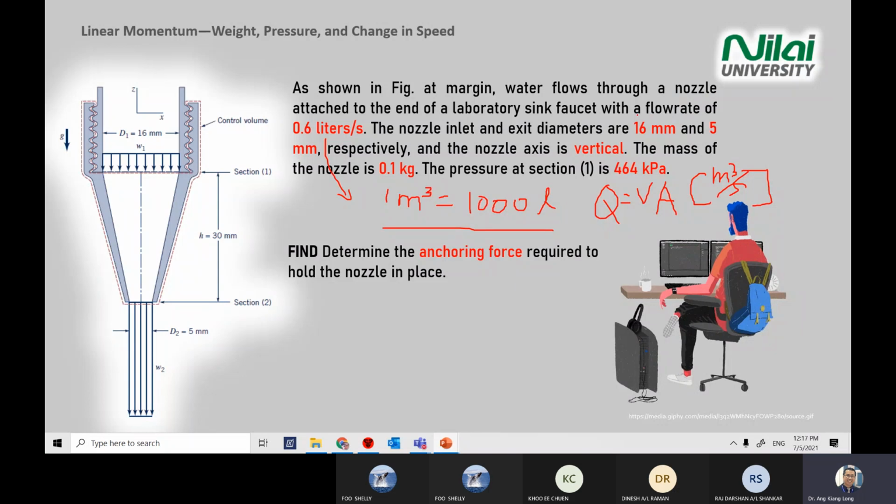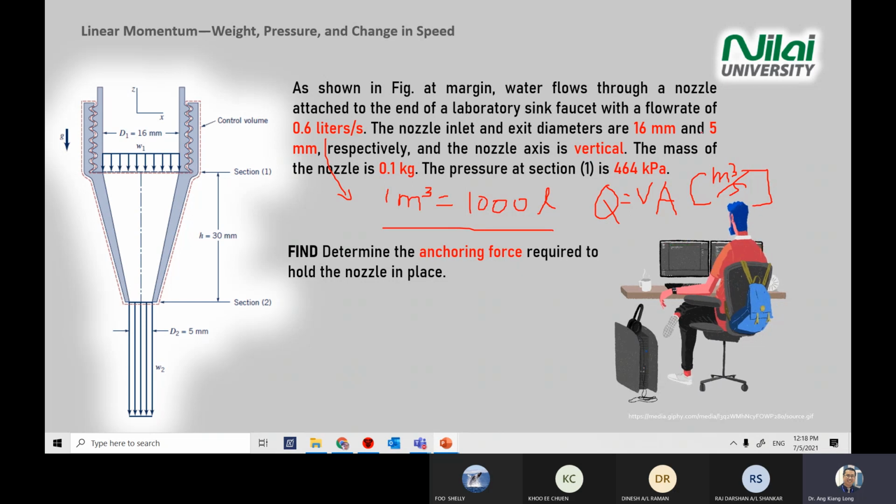Although it does not mention any volume here, if you see liter per second, you have to understand that liter can convert to meter cube. So meter cube over second is the volume flow rate, VA. So actually you have this parameter inside the equation already.